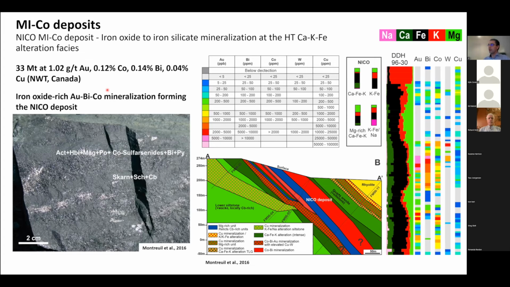The expression of iron metasomatic activity at Nico varies from a concentration of iron oxide, but there's also a component of iron silicate that can be associated with mineralization zones.